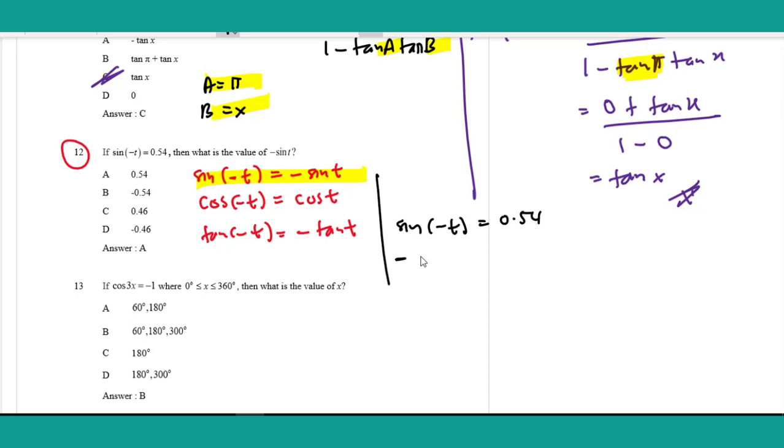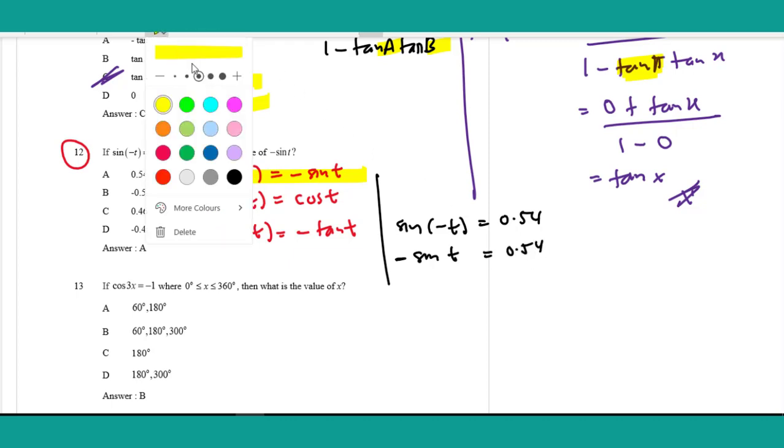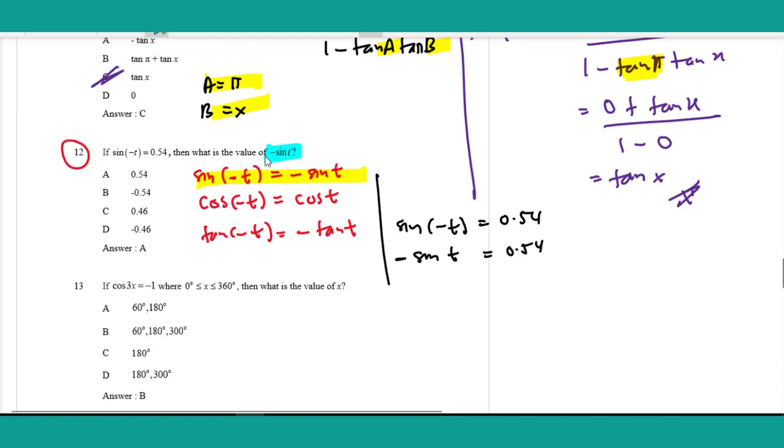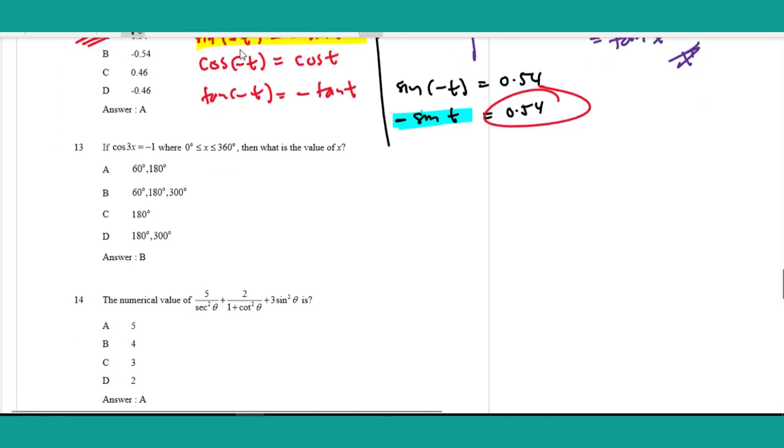Here negative sine t is equal to 0.54. The question asks you to find negative sine t, so the answer is 0.54.